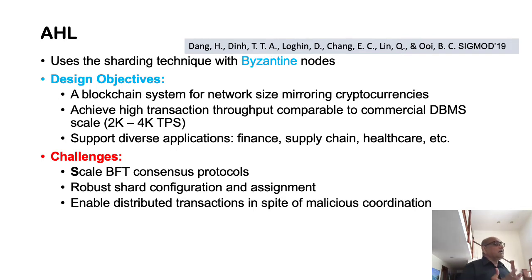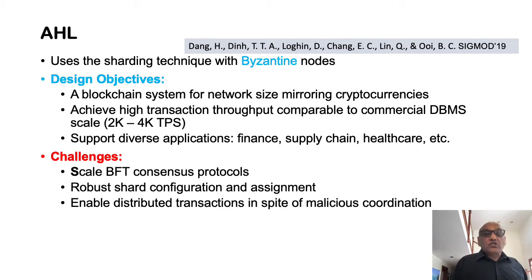And finally, because they are dealing with multiple shards, they want to enable distributed transaction synchronization. The observation there is that you cannot use a single coordinator based strategy, because what happens if that coordinator is malicious? So you have to support distributed transactions in spite of malicious participants.